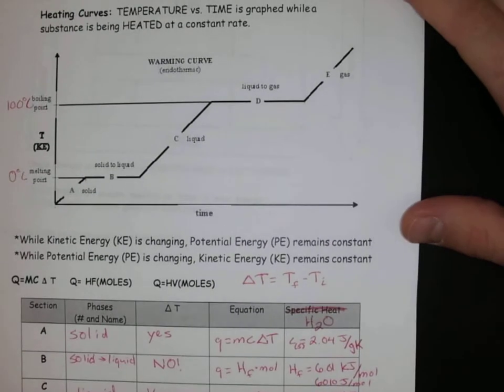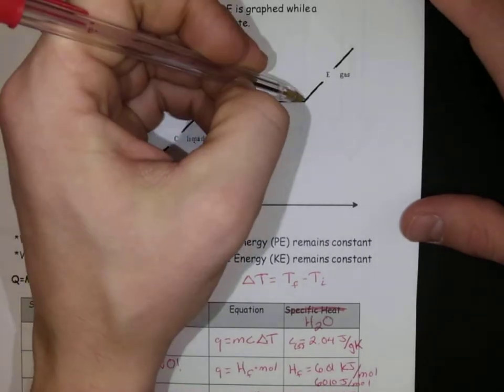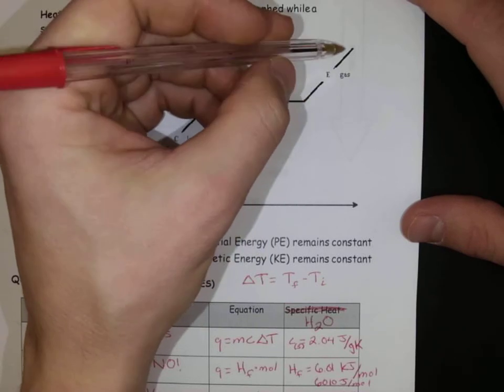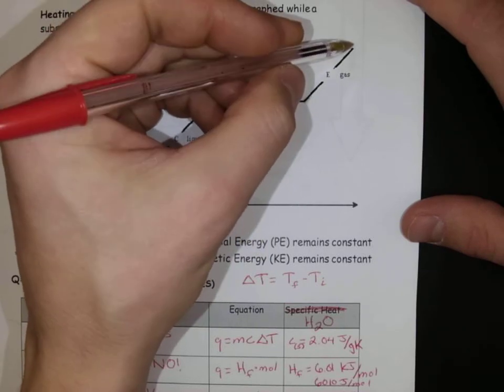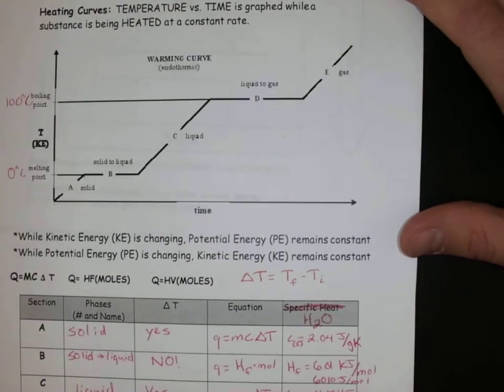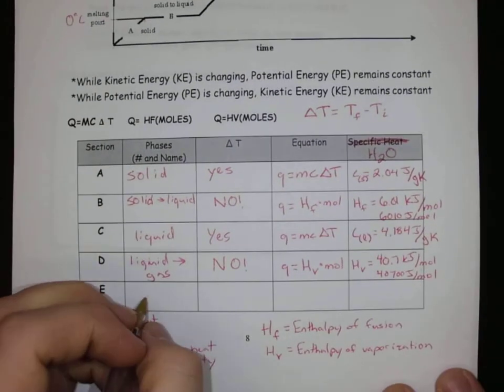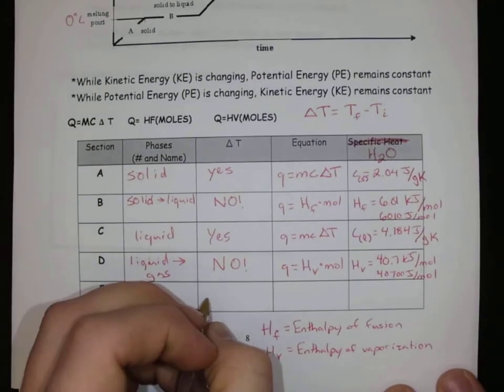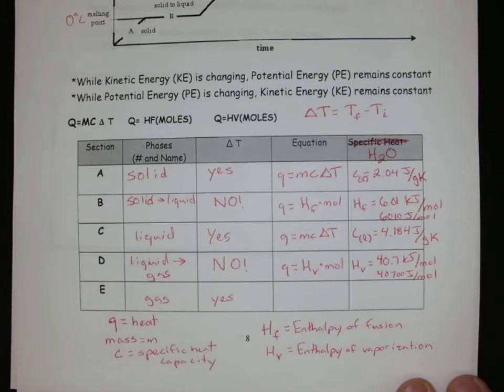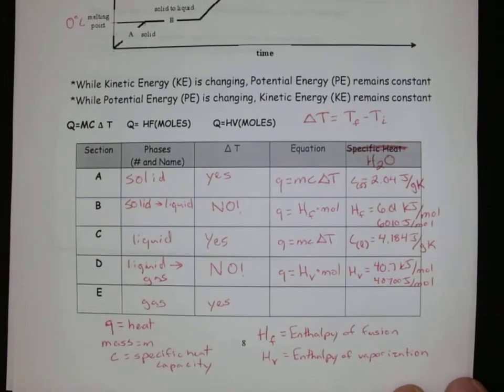So then our last section up here, if we collected our gas, our water vapor, and we continued to heat it up, we would have just gas. And if we have just gas, we can change the temperature again, right? We don't need to change the potential energy. We now need to change the kinetic energy.